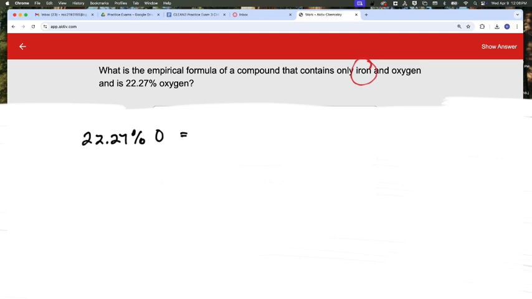This means if I have 22.27 grams of oxygen, how many grams of the iron oxide, our starting compound, do we have? Yeah, 100 grams of our iron XOY. We don't know what the X and Y are.